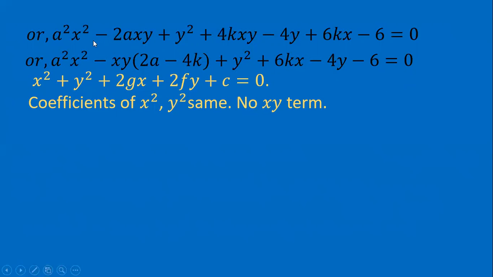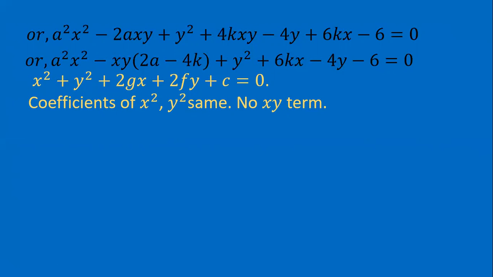So if we want to say this is the equation of a circle, then definitely this a square and this coefficient 1 will be equal, as the coefficient of x square and y square is equal. So a square and 1 will be equal. And another thing, there should not be any xy term.